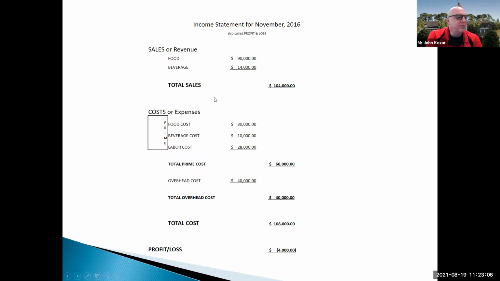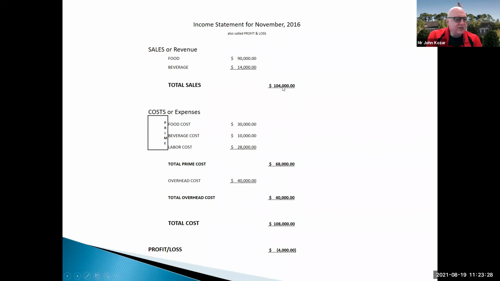If we take a look back at November, we're going to see that we had total sales that are a little bit lower, $104,000. When we look at our prime costs, we're going to see those are the same. They added up to $68,000, and our overhead costs are the same at $40,000.